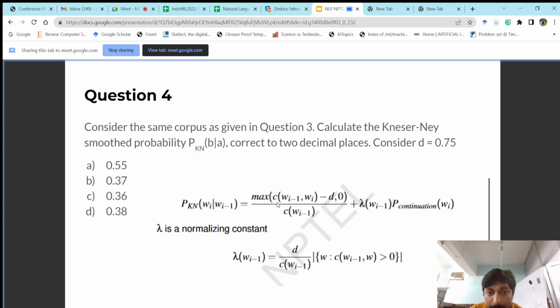First we have to calculate the maximum of this value, C count of W_i minus 1, W_i minus D, comma 0, by C of W_{i-1}, plus lambda of W_{i-1} times P continuation of W_i. The continuation we already know, that is the number of novel continuations, based on the first question. And that lambda of W_{i-1} is again D by C of W_{i-1} times the number of types.